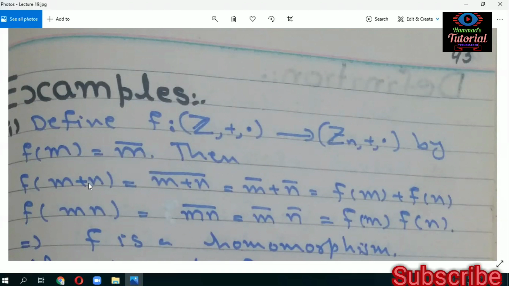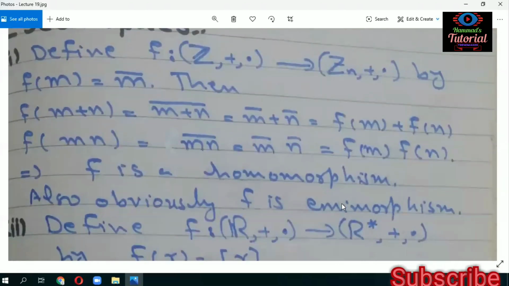Then f of m plus n will be equal to m plus n bar, which can be written as m bar plus n bar, where m bar means f of m and n bar means f of n. Similarly, f of m into n will be equal to m into n bar, and this will be equal to m bar into n bar, which means f of m into f of n. So this mapping preserves both addition and multiplication. So this f is a homomorphism. Also, it is an epimorphism.